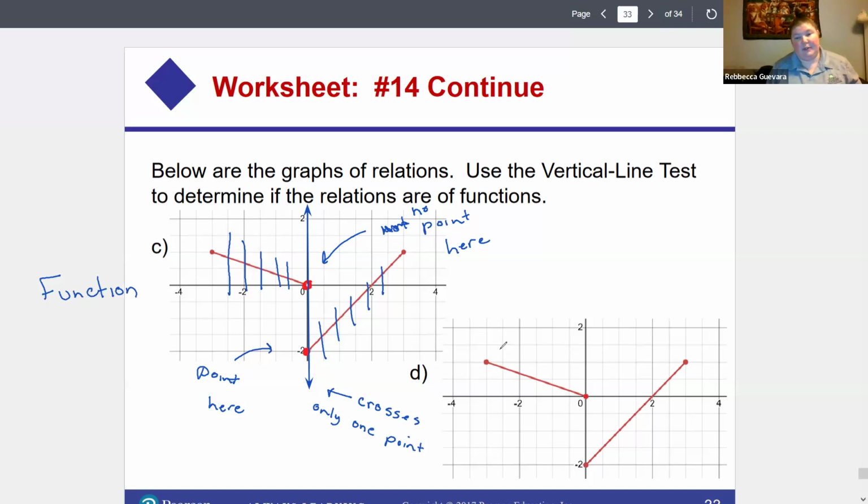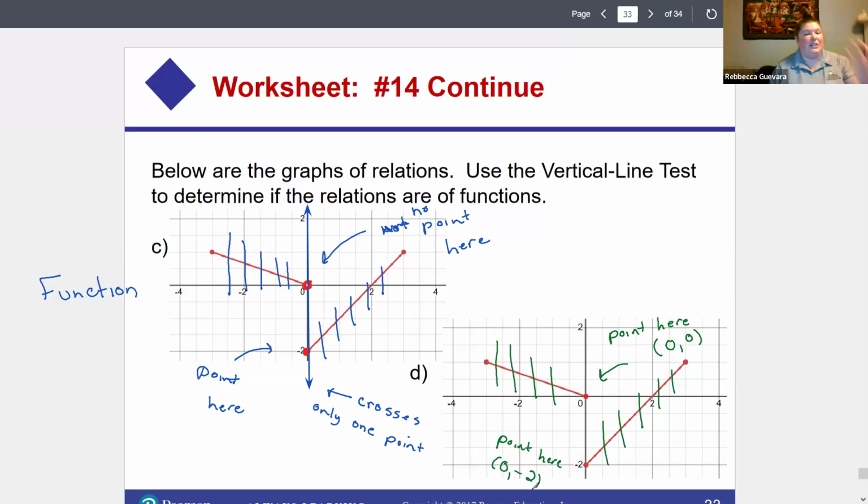The other one, there's a slight problem. We have that same thing here. As I go along this part, I'm only crossing 1 time. But here, there's a point. There's also a point here. So what we have here is we got a point that x is 0, y is 0, and a point here where x is 0, y is -2.